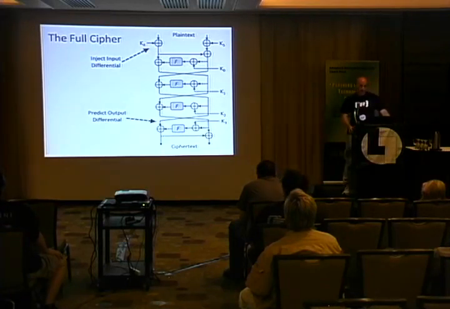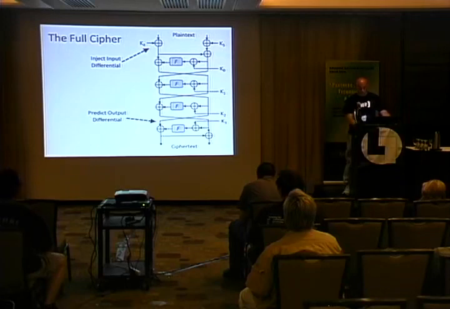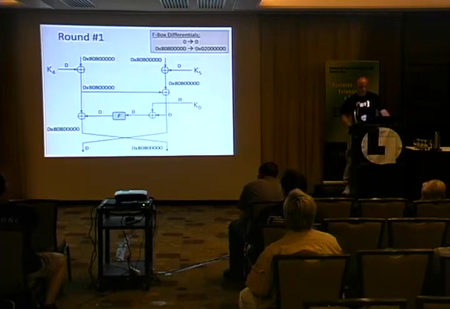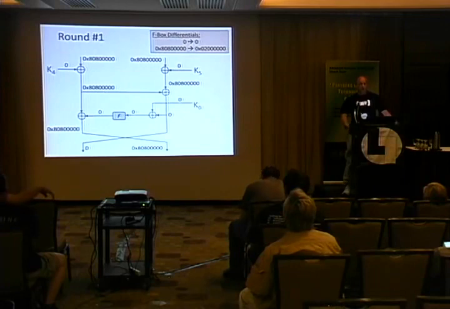So again, the way we do this is we inject an input differential at the beginning, and we predict it at the input to the last round. And this is how the whole thing flows. At the beginning, we just send in 80-80 and 80-80. The first 2 subkeys mix in with zeros, but it doesn't affect it because the differentials are zeros.